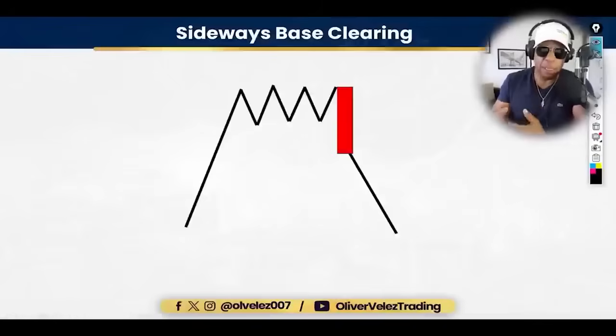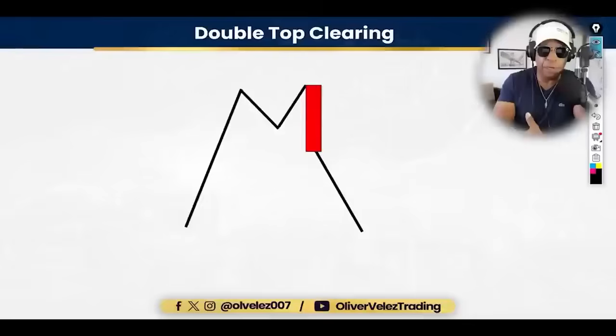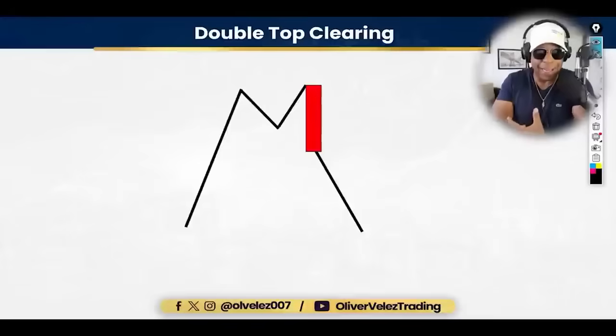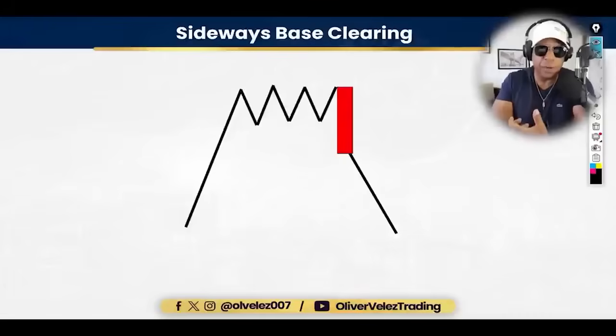And these are the most common you're going to see. You're going to see that cracking, clearing elephant from the steeple, that cracking, clearing elephant from the double top, that cracking, powerful elephant from the sideways base top. All right? And that's what you're going to be seeing as a topping sign the vast majority of the time.